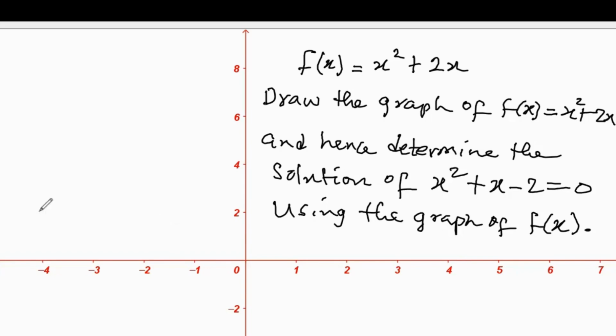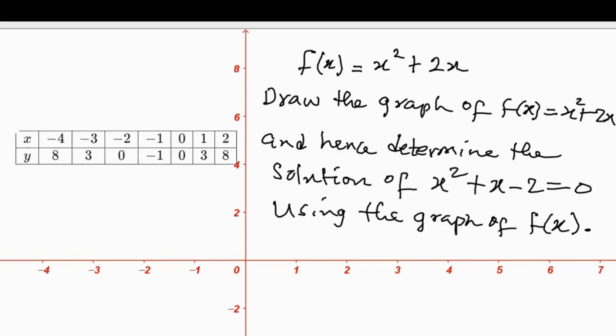So the first thing we do here is to get the table of values for the first function, f of x equals x squared plus 2x. So the table of values is already produced. You can see that on your screen.